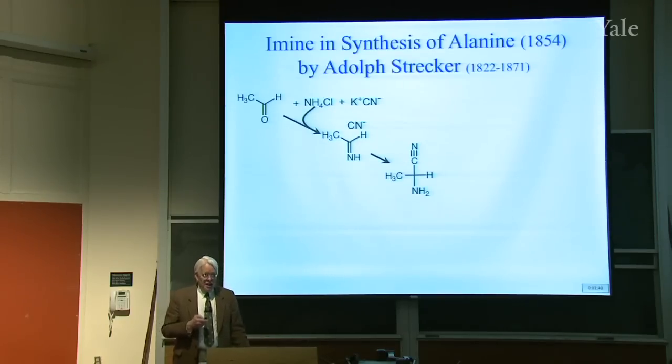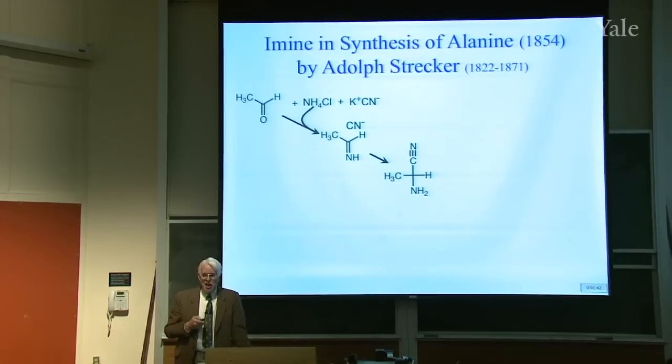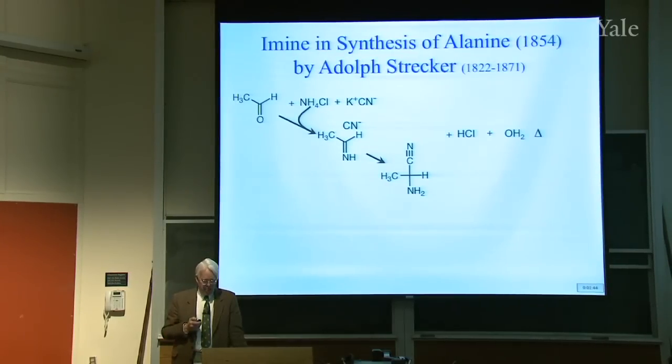Okay, now, that's the first stage. Then you add strong acid and heat it up, hydrochloric acid and water, and heat it up. Now you protonate the nitrogen, the unshared pair on the nitrogen with the acid, and now water can attack the cation to give this and lose a proton.